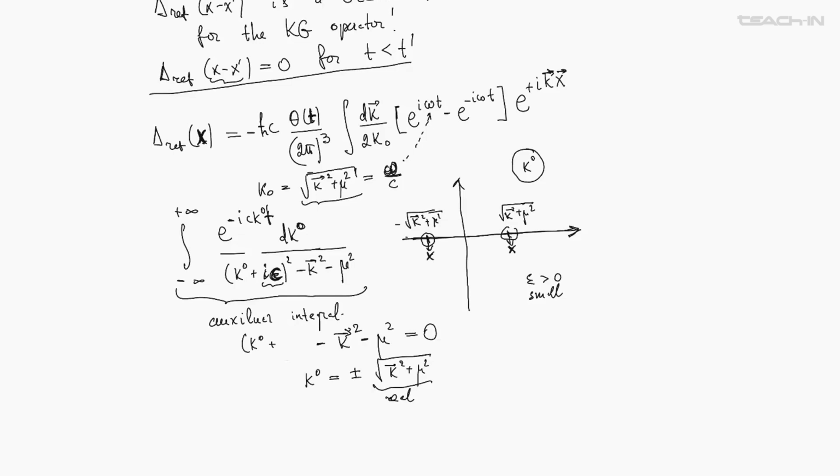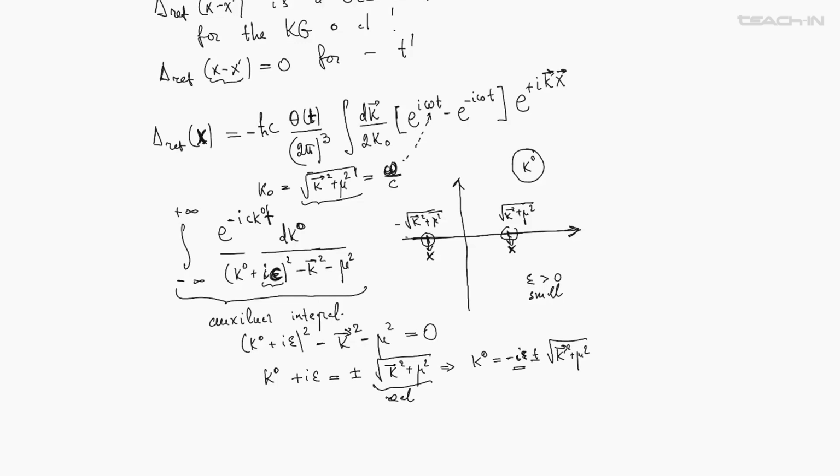Taking the square root, you get k0 plus i epsilon equals plus or minus the square root of k squared plus mu squared. From here you conclude that k0 is minus i epsilon plus or minus the square root of k squared plus mu squared. So indeed, that is where the poles are now, and because of this minus i epsilon, these poles are shifted into the lower half plane.